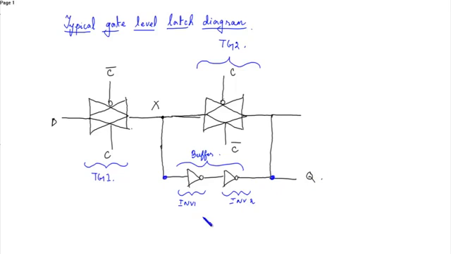Why is this buffer needed? What is the significance of the buffer?